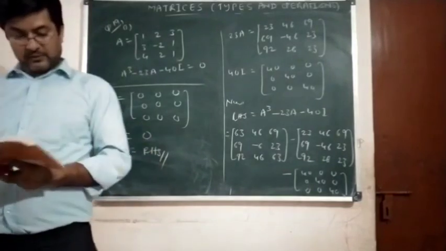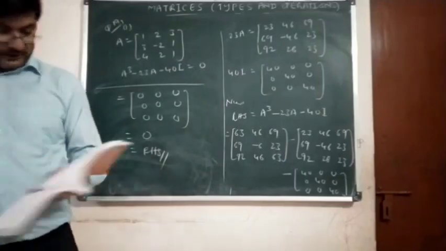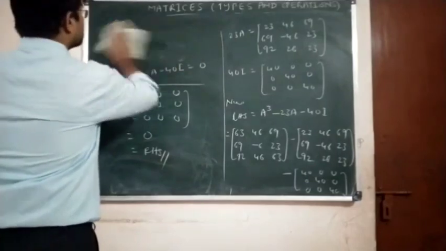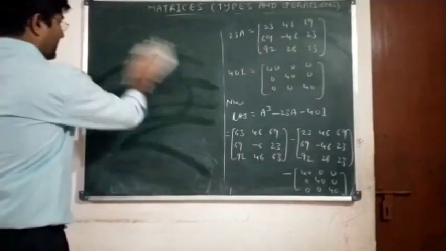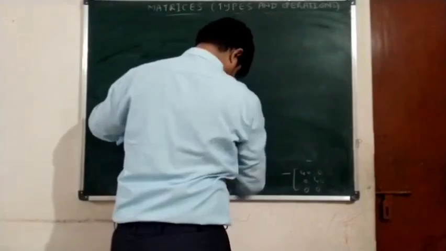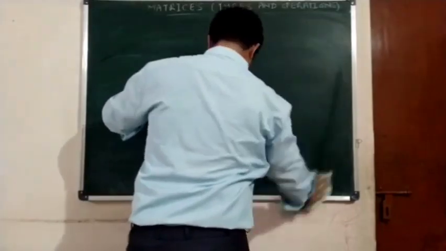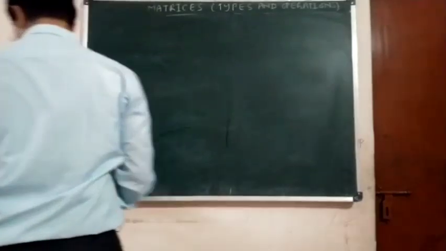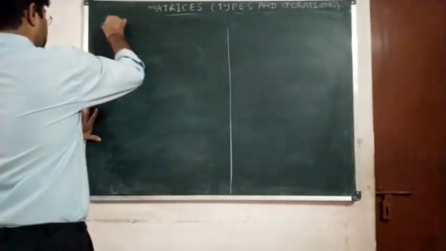So we have solved question number 19. Now I am directly solving because other sums are similar types. So question number 21 I am going to solve now. Question number 21.